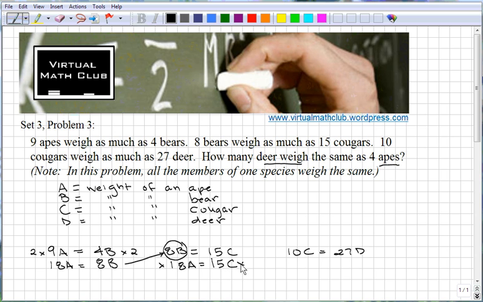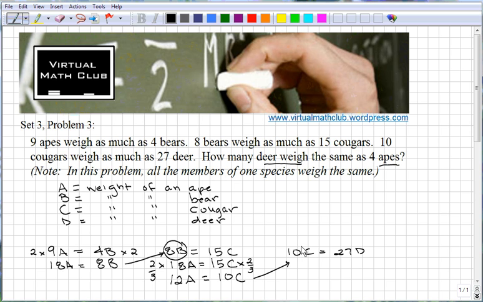So if I multiply both sides by 2/3 to maintain the equality, this will become 10 cougars, and I'll be able to substitute it right in. So what is 10 cougars equal to in terms of the weight of an ape? We take 18 times 2/3. If we divide 18 by 3, we get 6, and multiply that by 2, we get 12. So 12 apes is equal to 10 cougars.